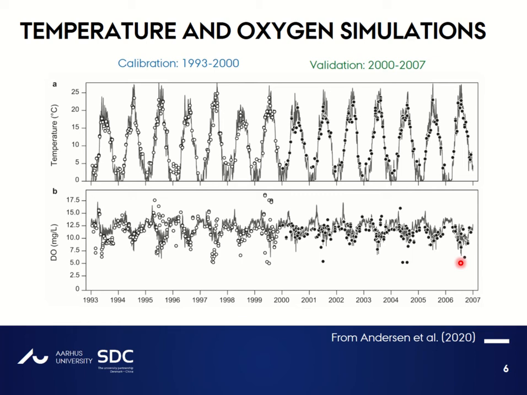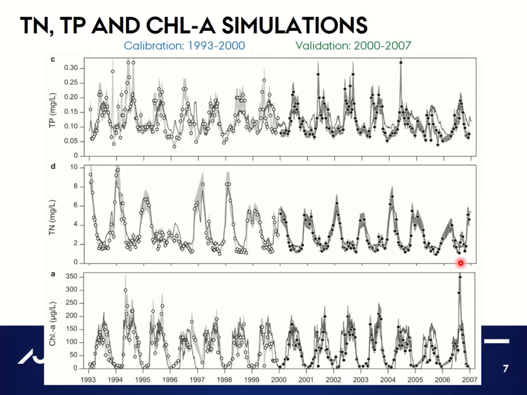The lake model, as we can see, reproduces both seasonal timings as well as magnitude for both the calibration and the validation periods, although the model is a bit more challenged in reproducing the high variability of the dissolved oxygen concentrations. We can also look at chemical water quality parameters.